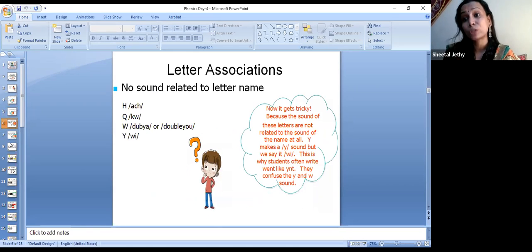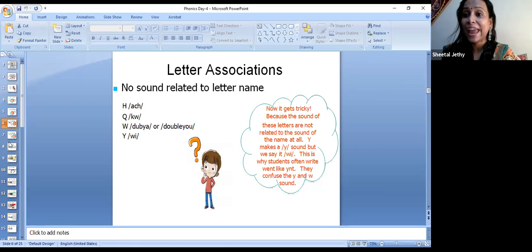Letter associations. So these are a little more tricky letters of the alphabet for the child. Now it gets tricky because the sounds of these letters are not at all related to the name. Do you see?